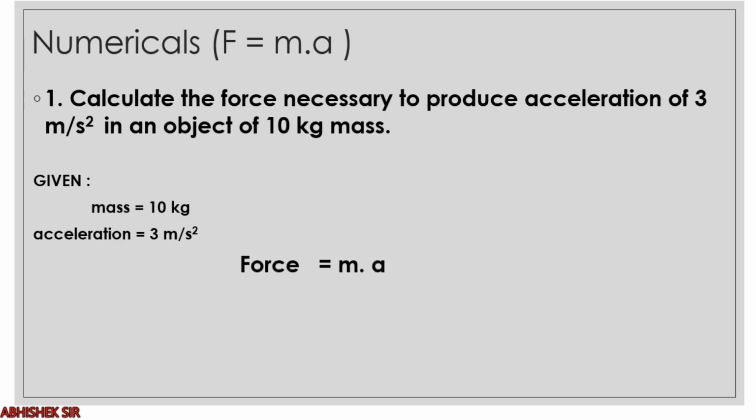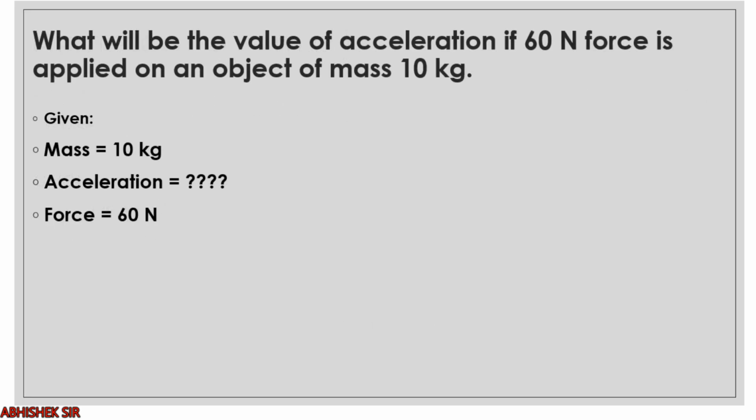Now the formula is force equals mass into acceleration. Put all the values, it will be 10 into 3 and that will be 30 kilogram meter per second square. Now if you don't want to write this lengthy unit, you may just write it as 30 Newton. So this is a very simple question asked on the basis of the second law of motion.